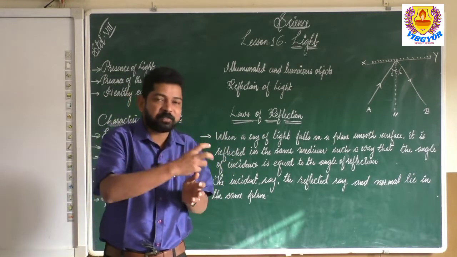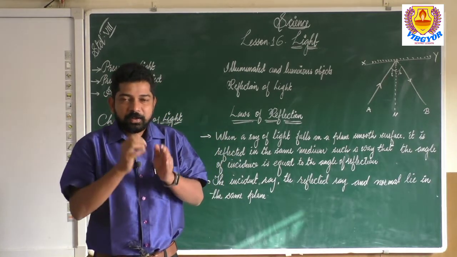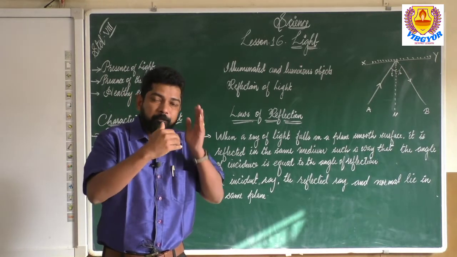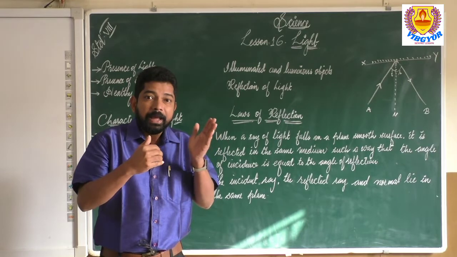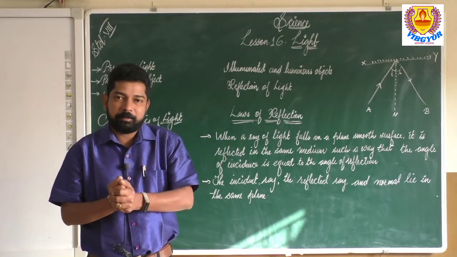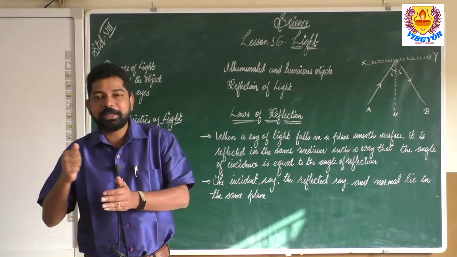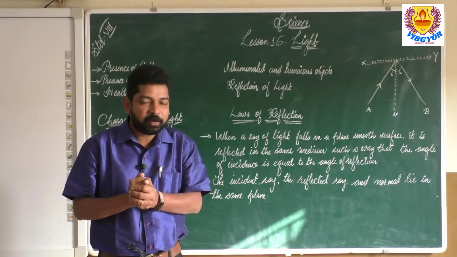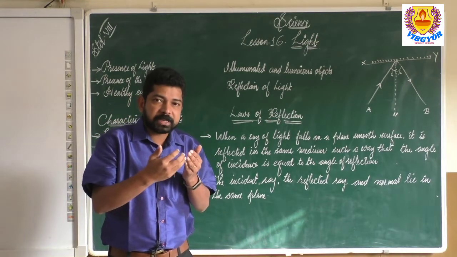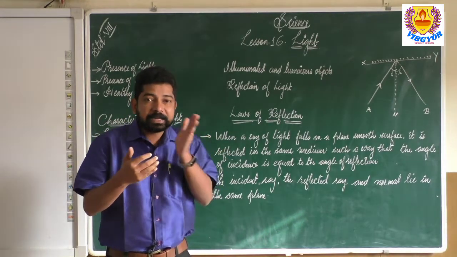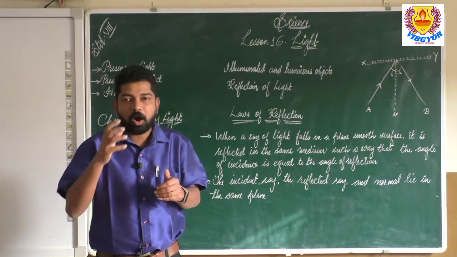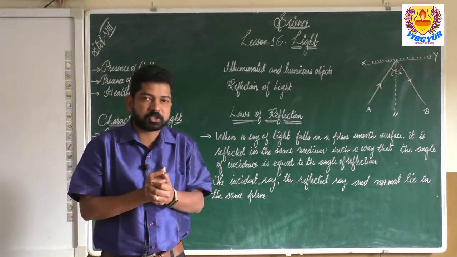When light falls on an object, a part of the light returns or bounces back to the same medium. This phenomenon is known as reflection of light.